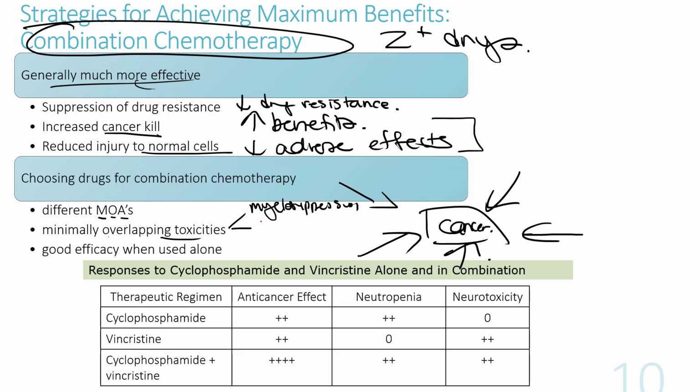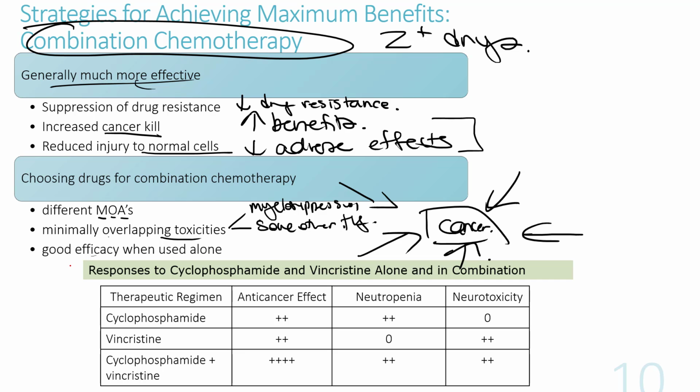You want the other one to cause something else, some other thing, right? And also the third rule of thumb with combination chemotherapy is each drug has to be good when used alone, right? So you don't want two drugs that are not very effective used together. You want two drugs that are effective, and you want to combine them.